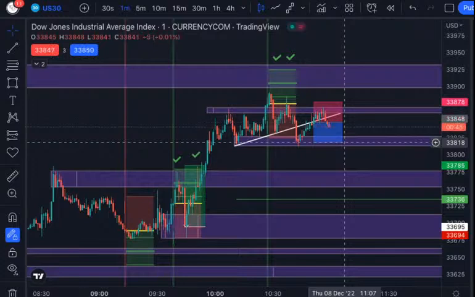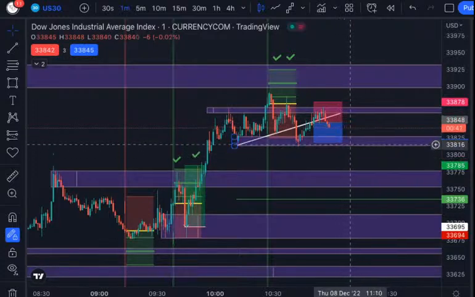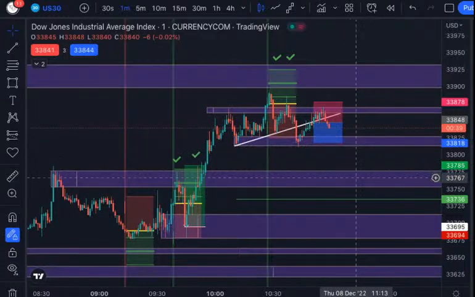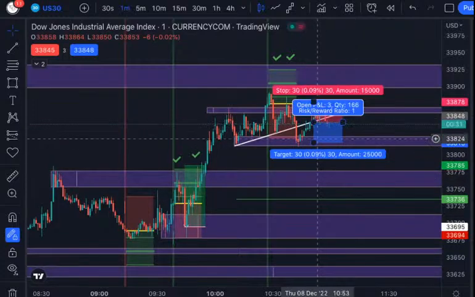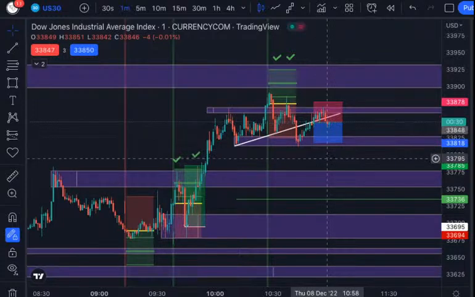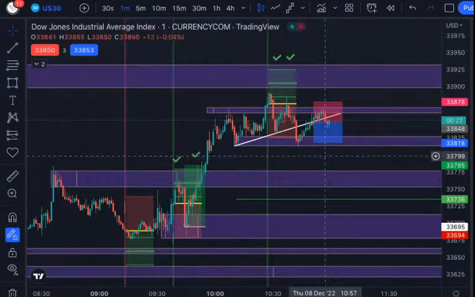Get that out of the way, and if price breaks below and retests, I'll take it again to the downside. But I was expecting this move to have already happened by now. So because it's consolidating, I'm just going to be patient and see how the rest of this plays out.